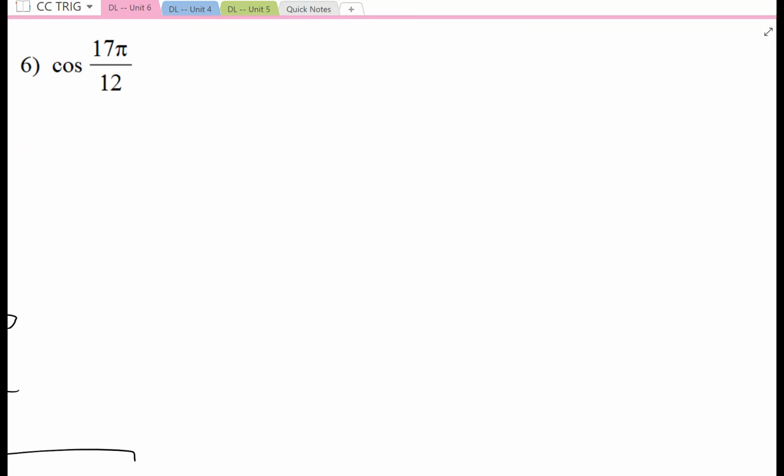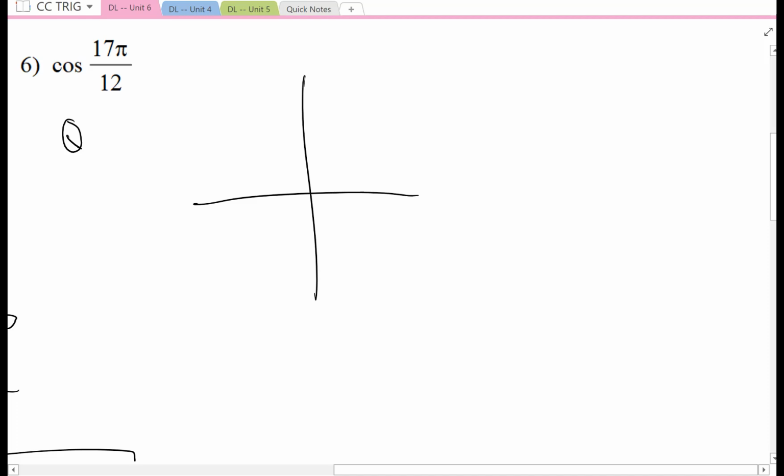Let's try another one. Cosine of 17 pi over 12. The first thing is to find out the quadrant. Where is 17 pi over 12? Well, this is 0 and this is pi. So this would be 12 pi over 12. This would be 24 pi over 12. What's halfway between 12 and 24? So I can kind of place this.